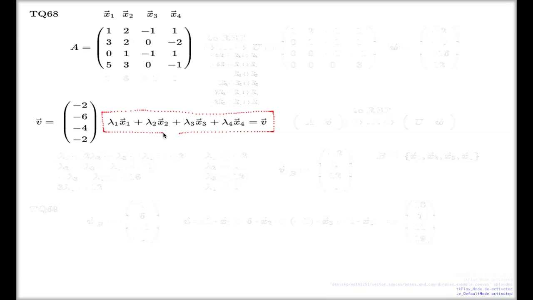So here it is. If I want to find these coordinates of the vector V with respect to this set, I need to find the unknowns lambda 1, lambda 2, lambda 3, and lambda 4, such that I have a representation like this. And when I find these values, those will be the coordinates of my V with respect to this set.